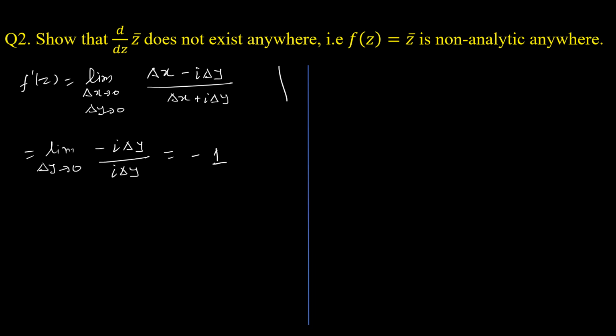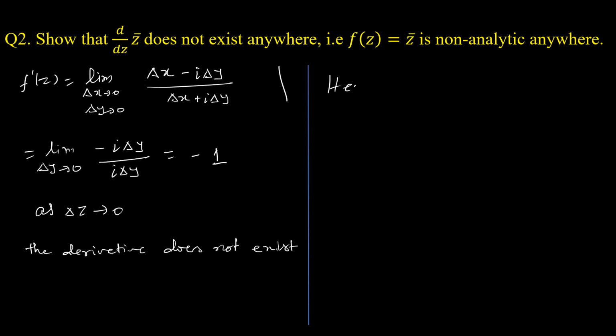So we can say that as del z tends to 0, the limit of the derivative does not exist. This is not matching in the two ways. So the derivative does not exist.